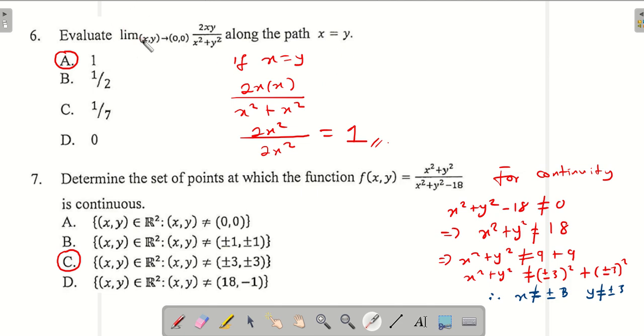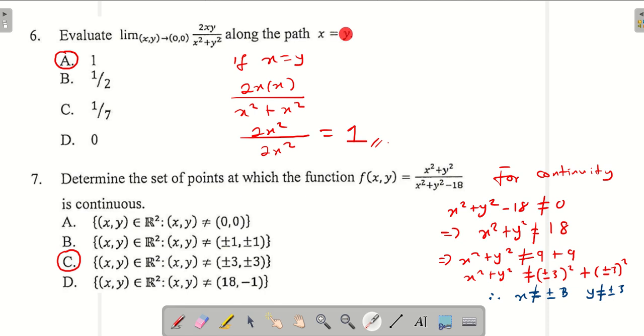Evaluate the limit as x, y is approaching 0, 0 of this function along the path x is equal to y. Now here, when you do direct substitution, you will get 0 over 0, which is indeterminate. So we are asked to evaluate it along a given path, which is x is equal to y.